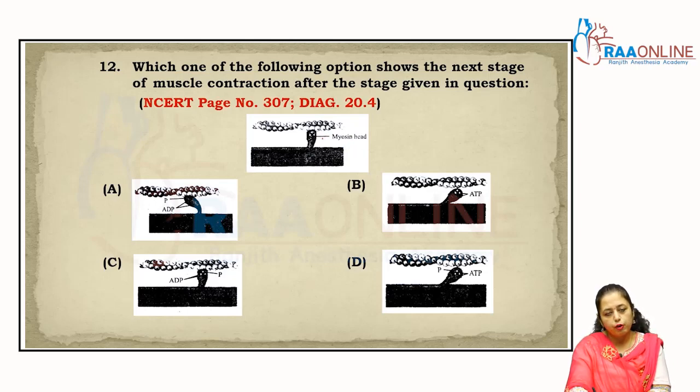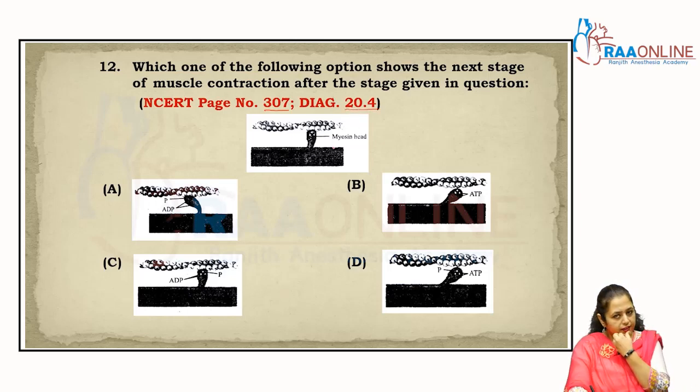The cross bridges formation occurs here and the breaking of the ATP, that means use of ATP is there. These are the events at the time of muscular contraction and cross bridges formation in the sliding filament theory. These are the stages given on page number 307 and diagram number 20.4, right?